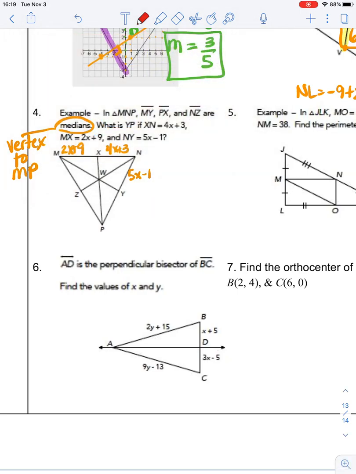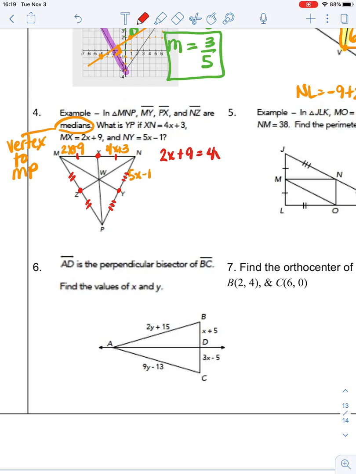Now that we've got everything labeled, let's look at what we know. I know that X, Z, and Y are all midpoints, because if these are medians, they extend from the vertex to the midpoint. That means these two segments are equal, these two are equal, and these two are equal. So the only ones that I can use together are MX and XN.